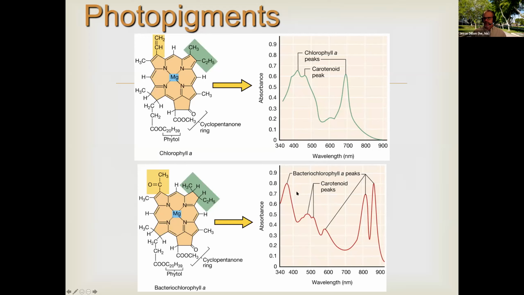There's other chlorophyll molecules referred to as bacteriochlorophyll. And what do you notice about these peaks here versus these peaks up there? How do these compare?